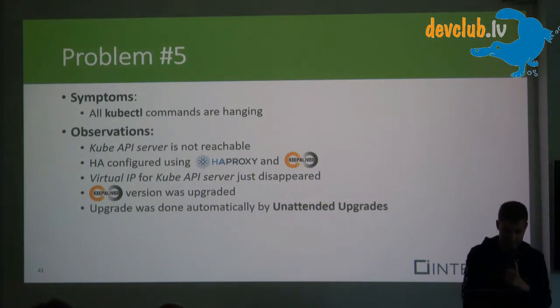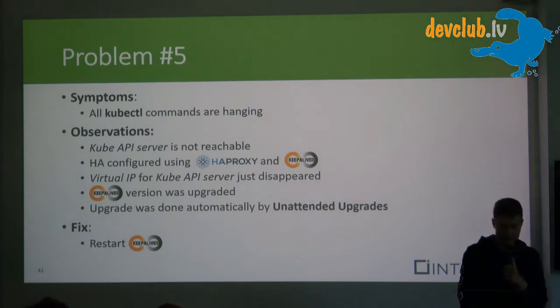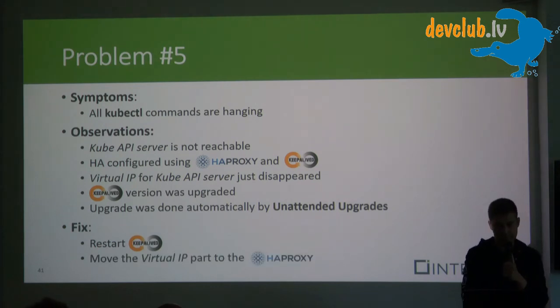And this was kind of unexpected for us. So to fix this, we just restarted keepalived, as it seemed that it was stuck in upgrade mode for some reason, and moved the configuration of the virtual IP to HAProxy.